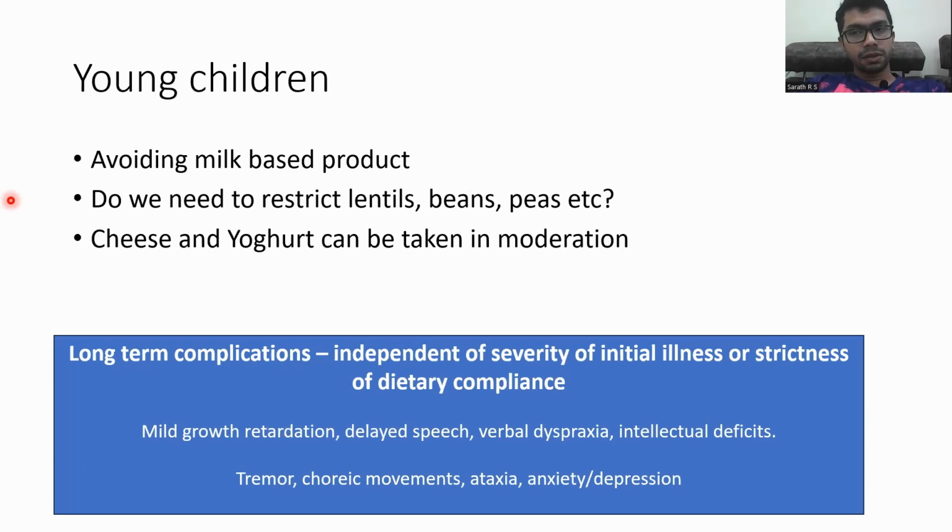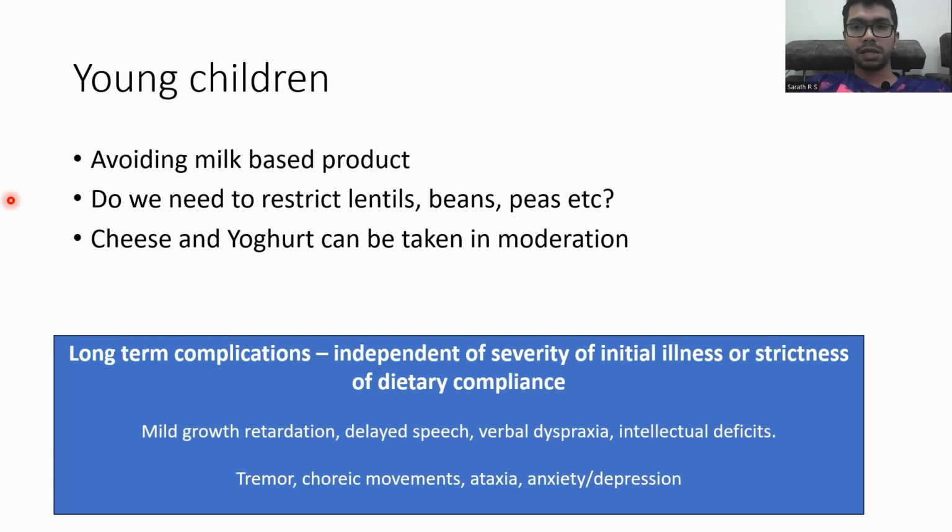Once the child grows, how do we manage the diet? We have to restrict milk-based diet, definitely. However, galactose is also present in vegetables like legumes and some fruits. Do we need to restrict that? The answer is no, because from the literature, scientists have compared the outcomes in children who are on a very strict, completely galactose restricted diet, in which they avoid legumes, fruits and some vegetables also, with children who are on only a dairy restricted diet, that is a milk restricted diet.